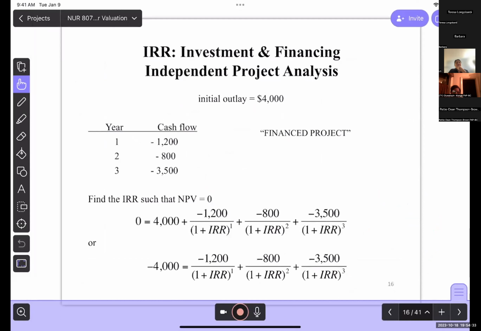So either you're financing the project, you've borrowed the money or you've collected members' or shareholders' value, they've invested up front, and then you're going to produce a product or offer a service as a result. So it's positive to negatives. This is known as a finance project.